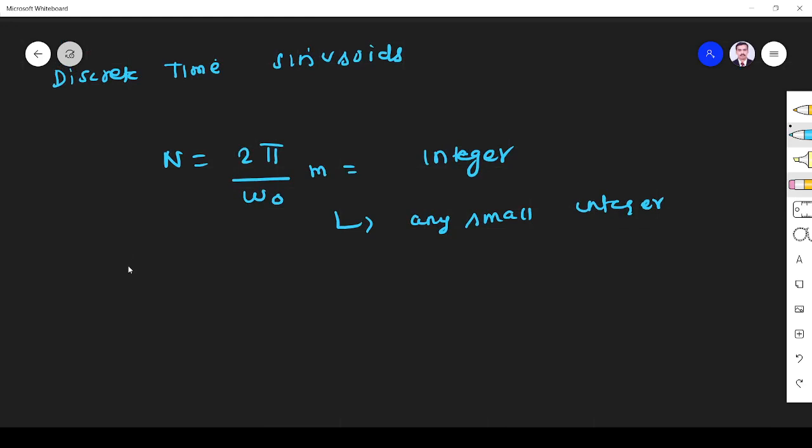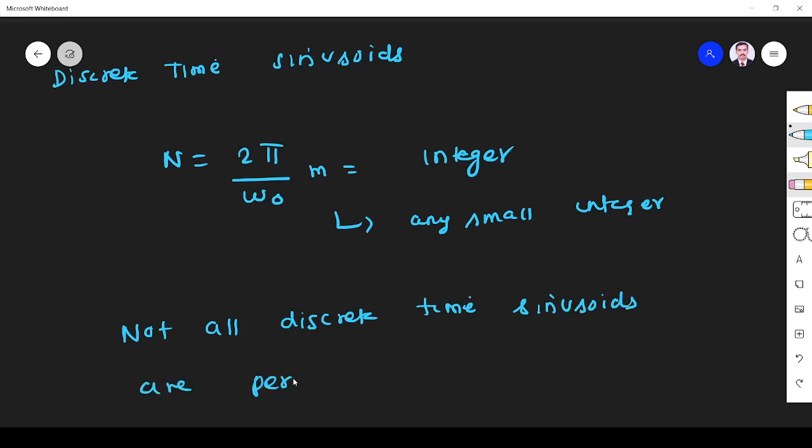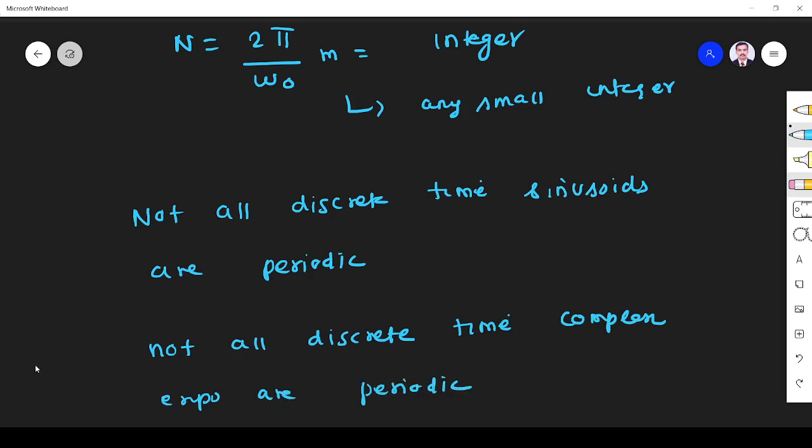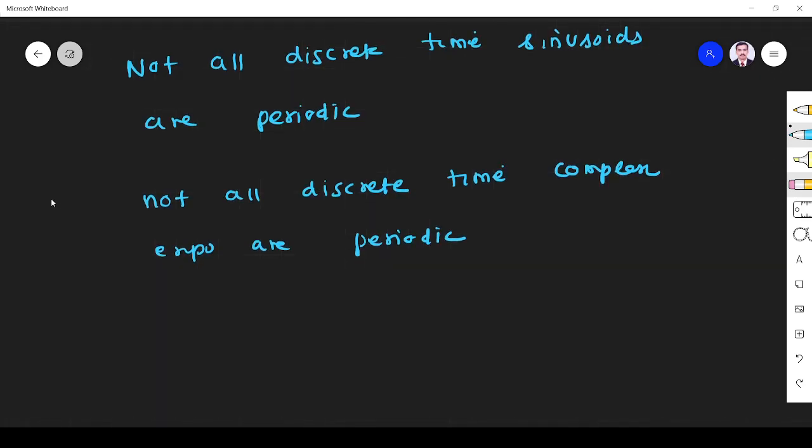We have to check this condition, then only we can come to a conclusion. Similarly, not all discrete time complex exponentials are periodic. So these are all the things we must remember whenever you want to work with periodic signals.